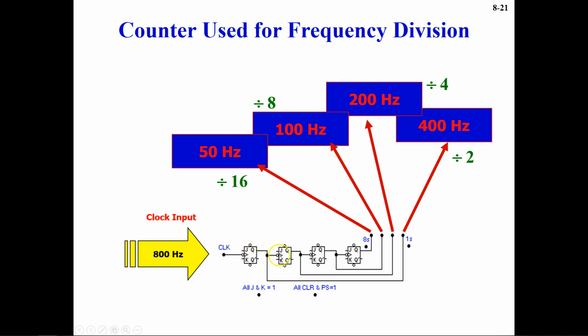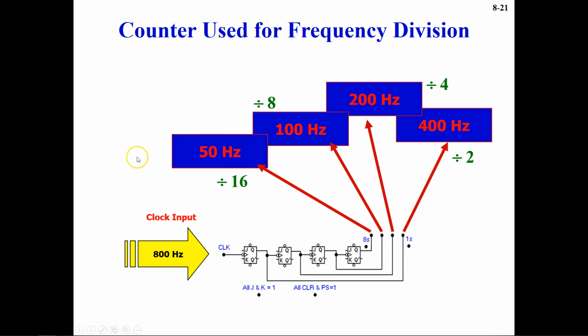So when this frequency goes in here, whatever frequency is left, 400, is divided by 2, and then 200 divided by 2 makes it 100. That's what you see here. And then 100 divided by 2 makes it 50. So that's another way of understanding it.